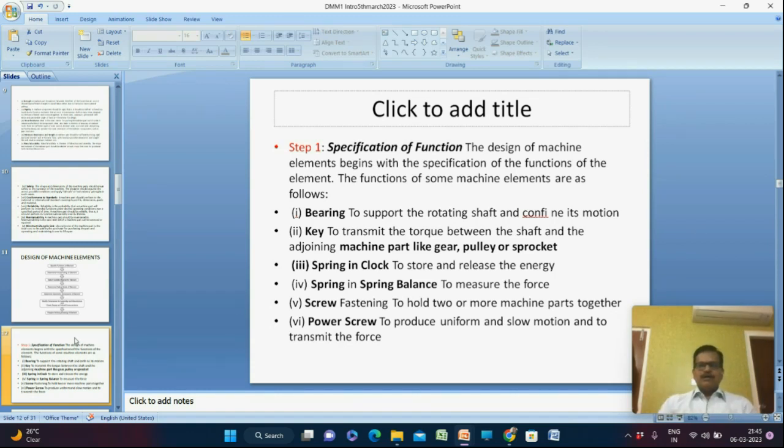A key is to transmit the torque between the shaft and adjoining machine parts, maybe a gear, maybe a pulley, or maybe a sprocket. The purpose of the key is to transmit the power between the shaft and things that are mounted on the shaft.